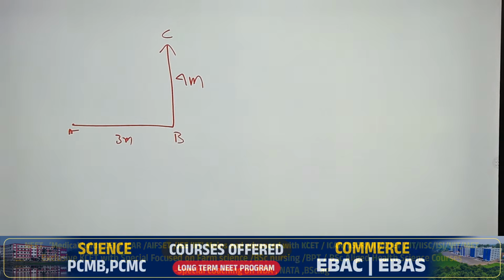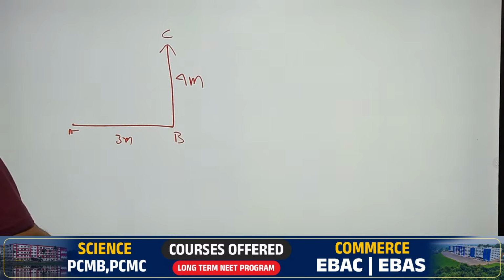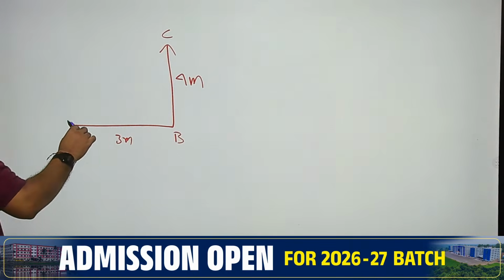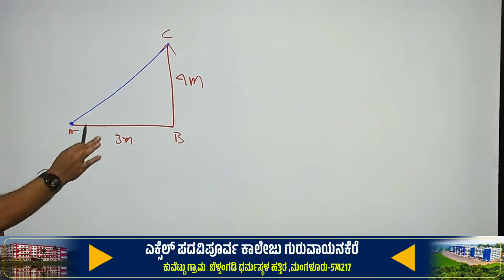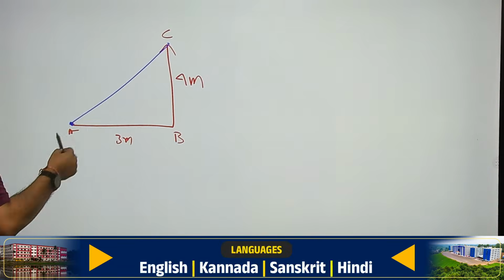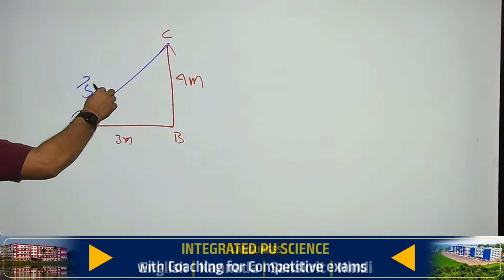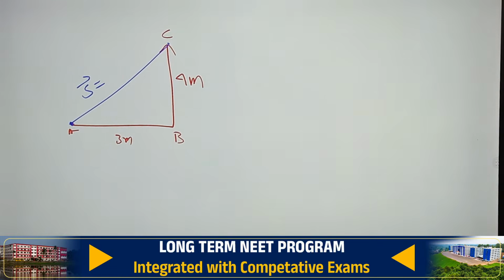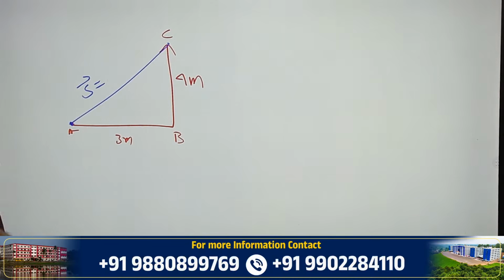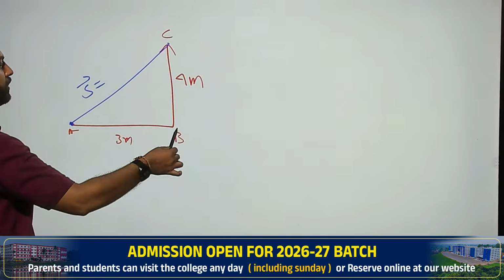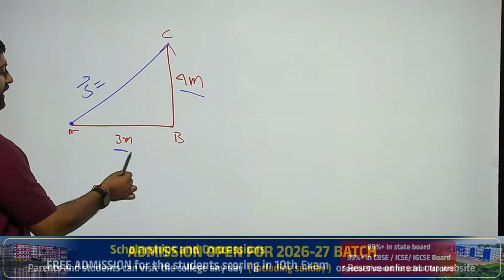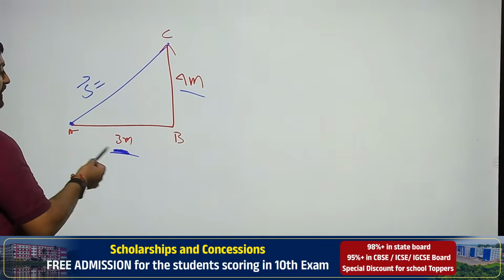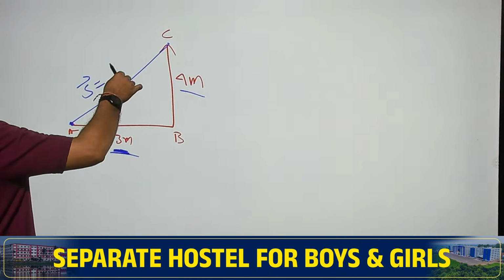What is displacement? It is the shortest distance between initial and final position. When finding displacement, you have to draw a straight line, then find its length, and this will give us the displacement, right? The first method is the trigonometric method, the simple way. Opposite side is 4 and adjacent side is 3, then the hypotenuse will be 5, right?